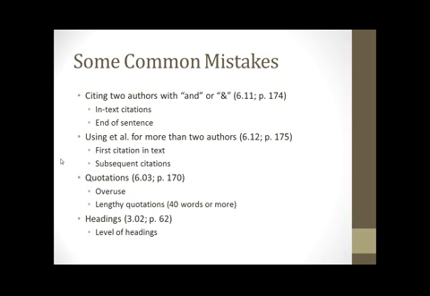And in terms of using authors, and when there's two authors, the use of the word and the ampersand, and that there's a difference with parenthetical citations at the ends of sentences and citations that are within the text, and understanding those differences that you use in within-the-text citations, and then at the end of sentences in the parenthetical citation.